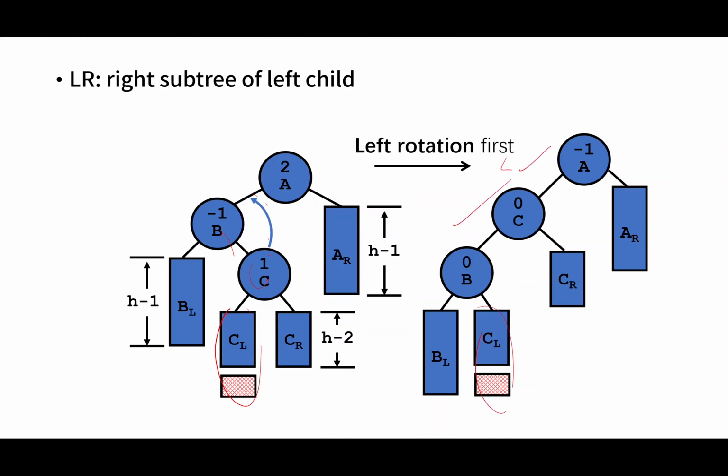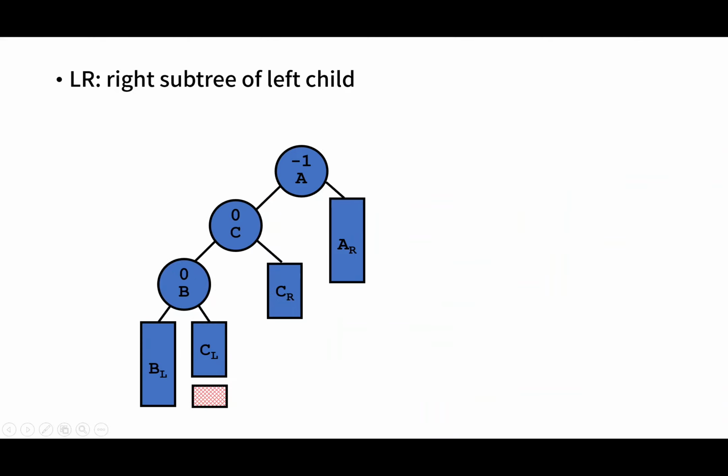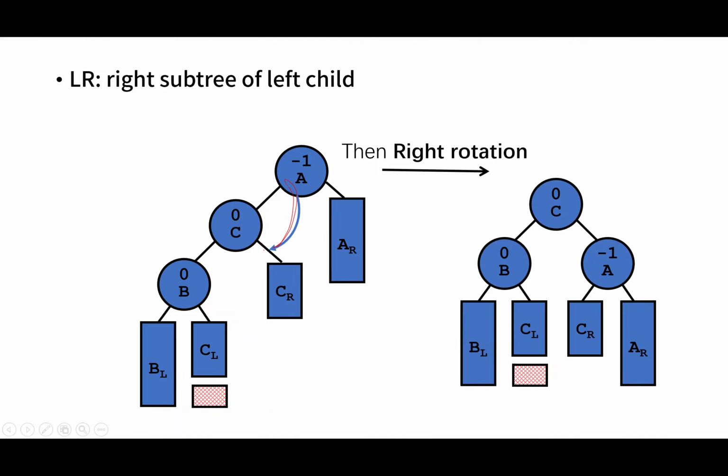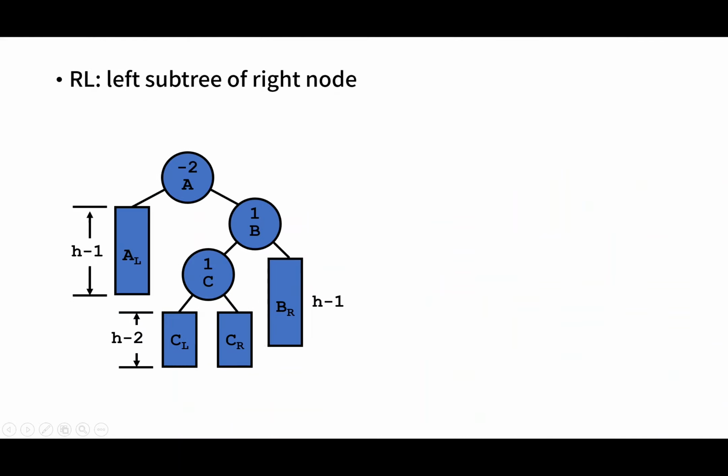This is LL type, so we need another rotation. This node is rotated to the right child of this node, and the tree becomes a balanced tree.